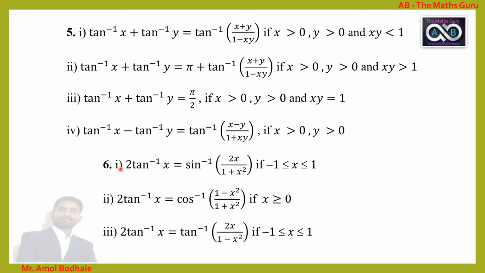So here we can express 2 times tan inverse of x in terms of sin inverse, in terms of cos inverse, as well as in terms of tan inverse. So all these formulas are very important to solve the examples from exercise 3.3.